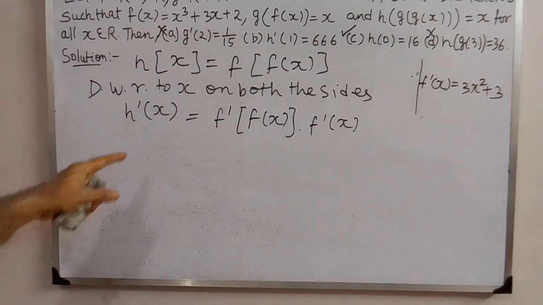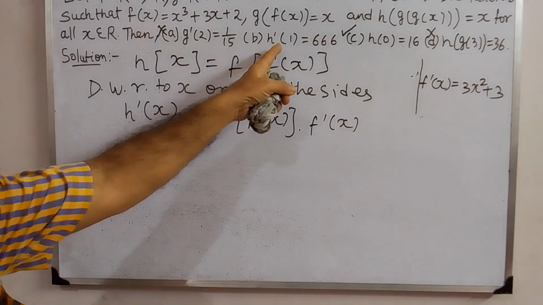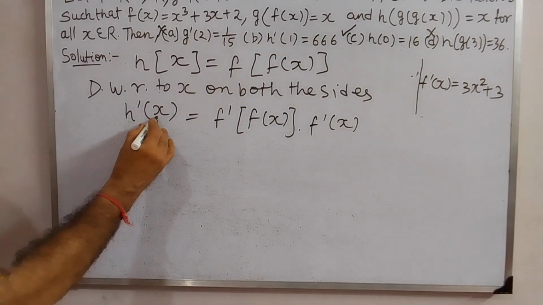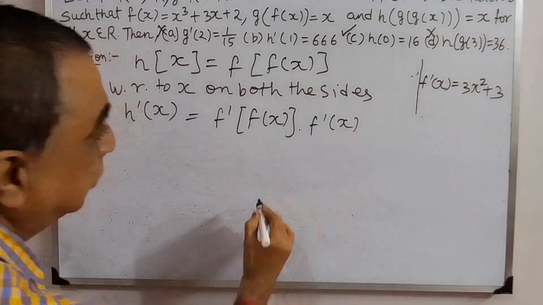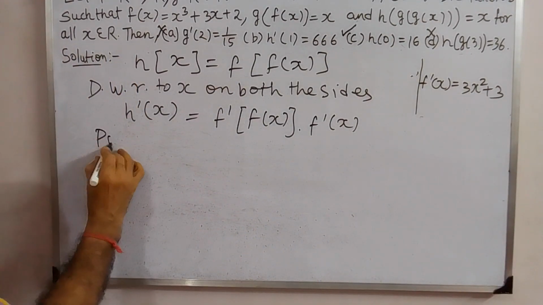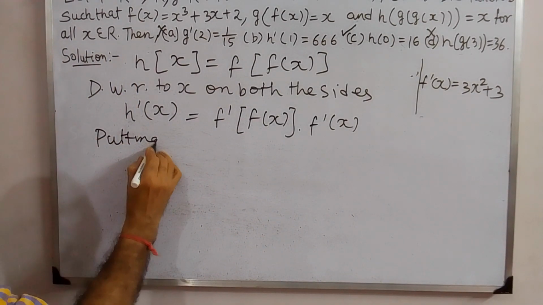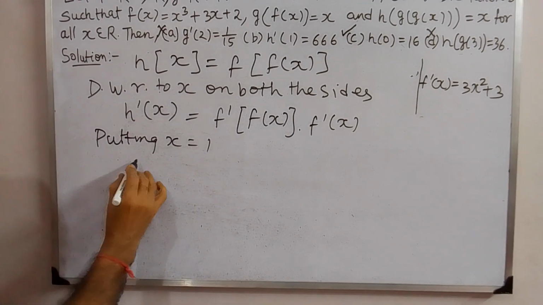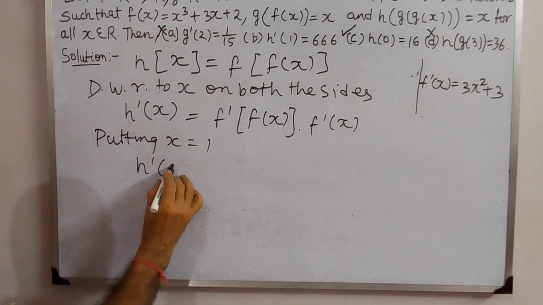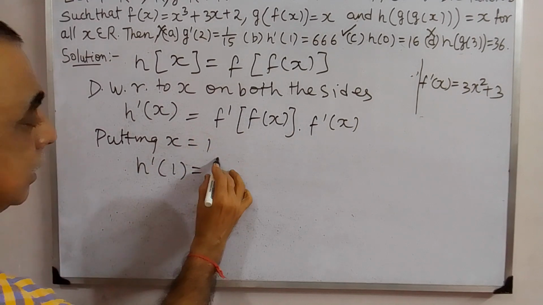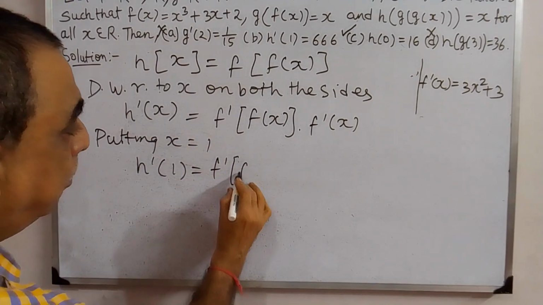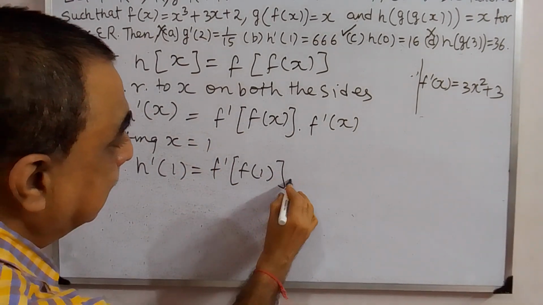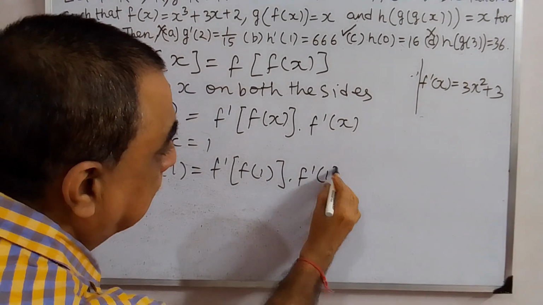Now I have to find the value of h dash 1. So putting x equals to 1 in this equation, h dash 1 will become f dash of f1 into f dash 1.